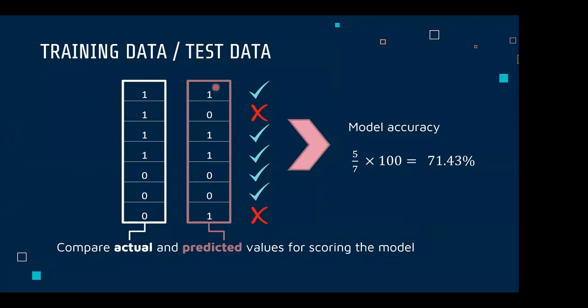So the machine learning model actually predicted 5 variables correctly out of 7 variables. So the accuracy of the model is 71.43%. This is how you calculate the model accuracy, right?